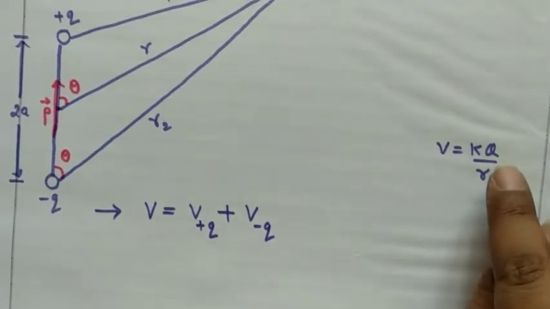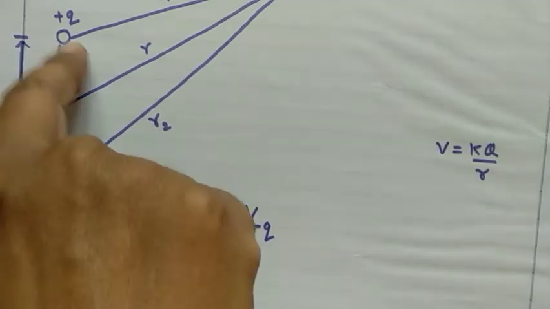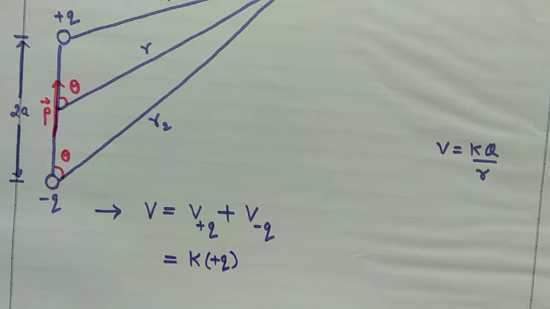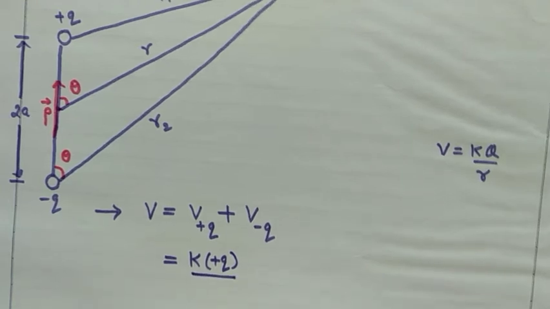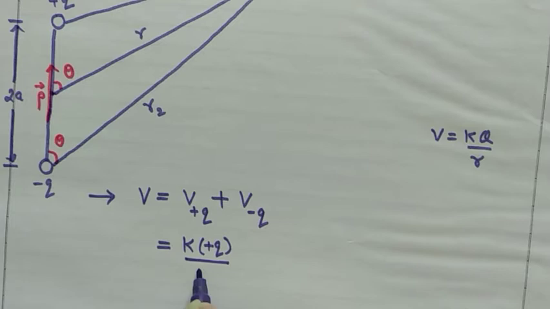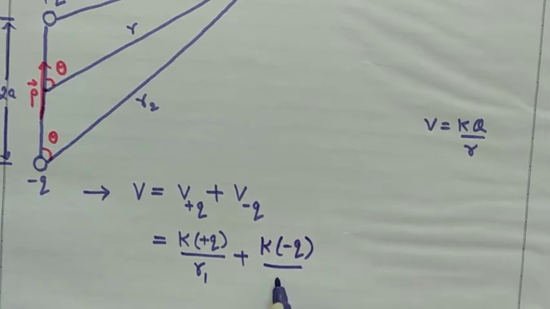The potential due to the positive charge at point P is K times plus Q, the source charge, divided by its distance R1, plus the potential due to the negative charge, K times minus Q divided by R2.